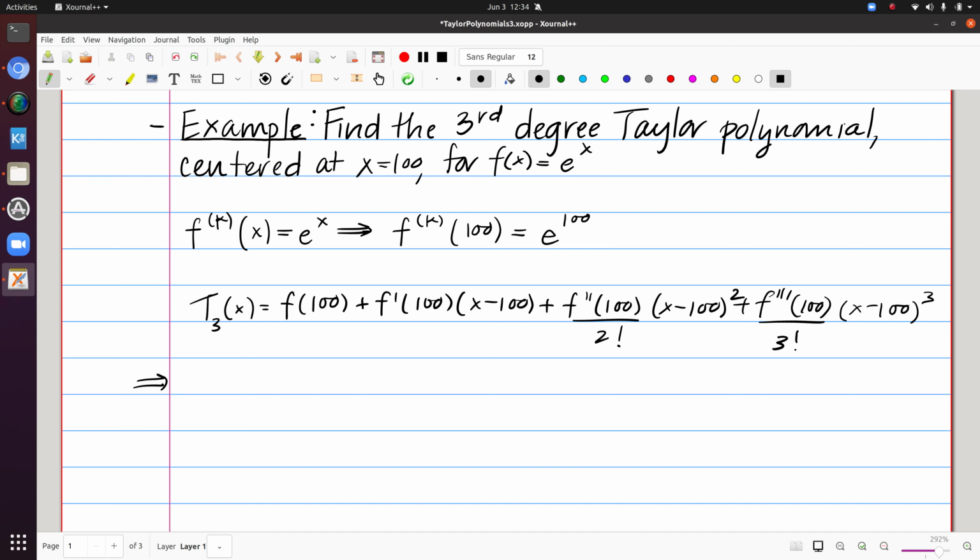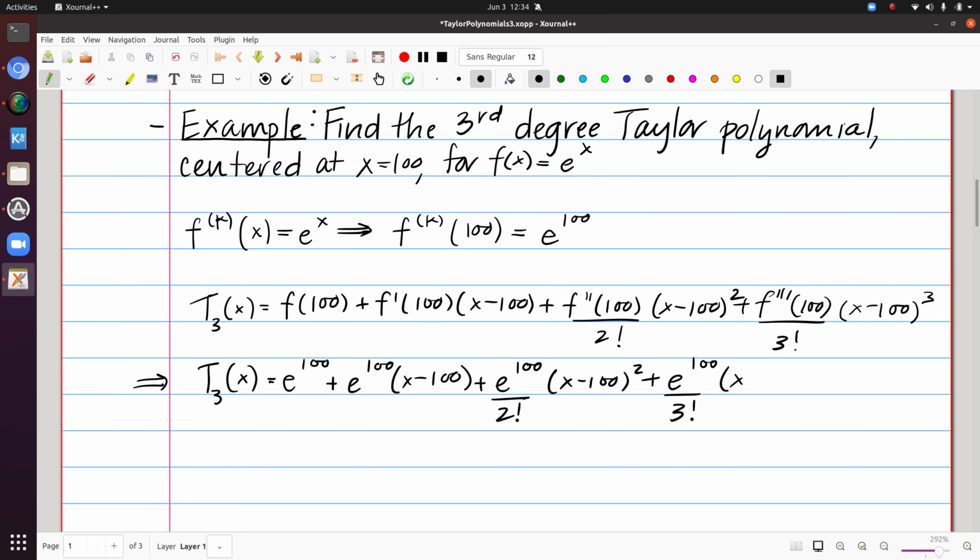So I'll put in that t sub 3 of x is equal to e to the 100 plus e to the 100 times x minus 100 plus e to the 100 over 2 factorial times x minus 100 quantity squared plus e to the 100 over 3 factorial times x minus 100 quantity cubed.